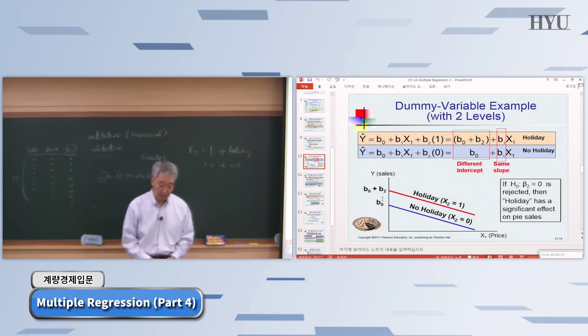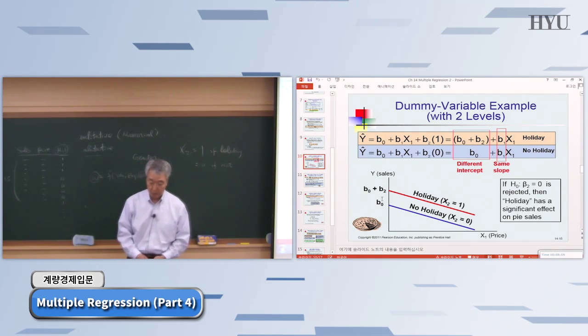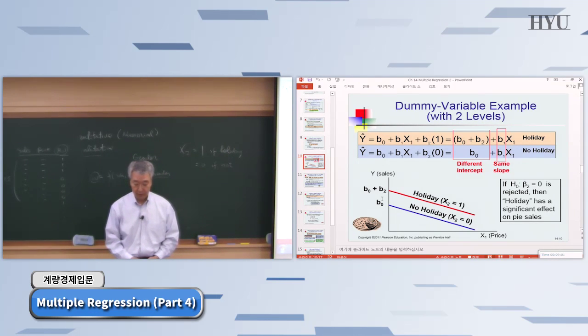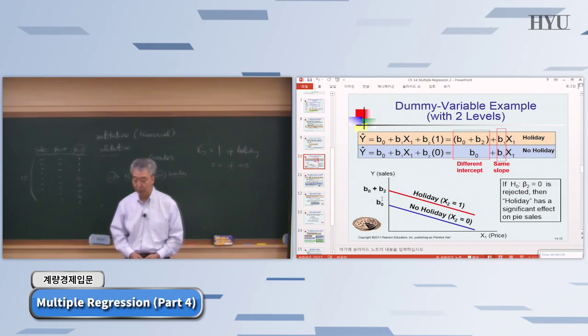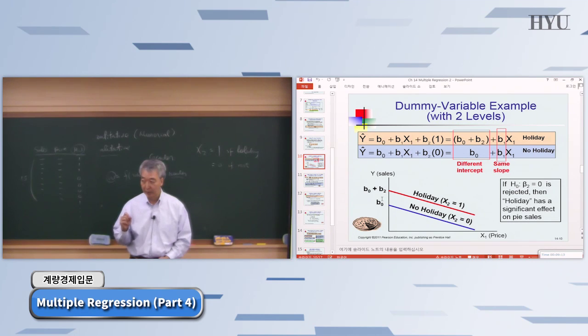All right. So that's the difference that holiday makes. In other words, holding other things constant, if a week includes a holiday, then sales is expected to increase by B2 amount, right? Get it?